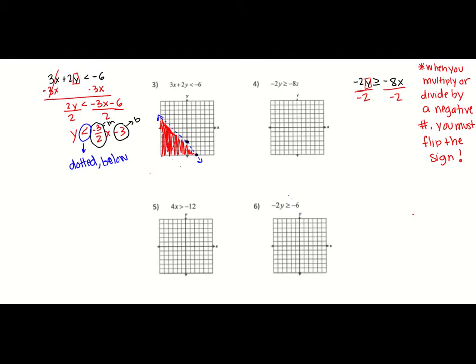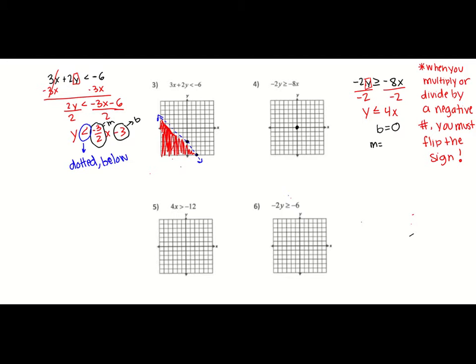So when we do that, we get y is less than or equal to positive 4x. Now y is by itself. If I look, I have nothing over here for my b, so that means my b is 0. It's going to be right at the origin, 0, 0.